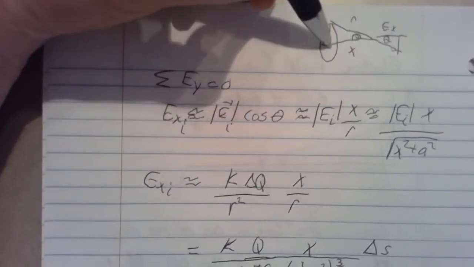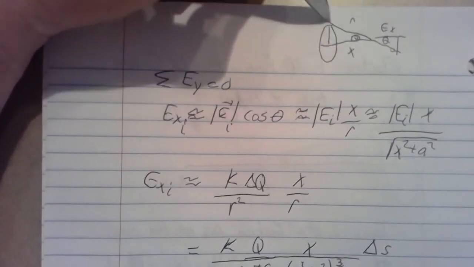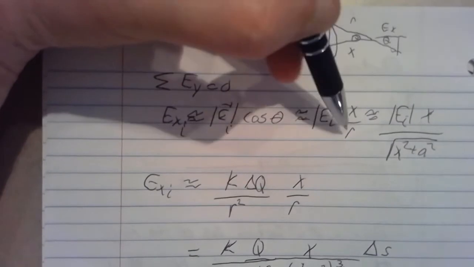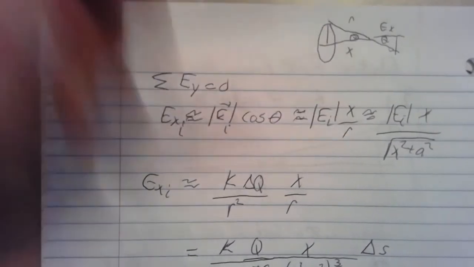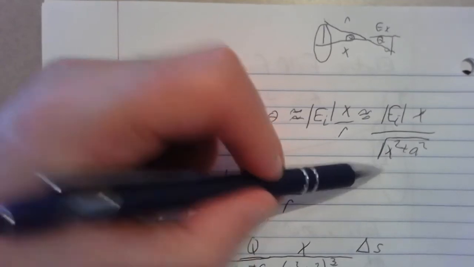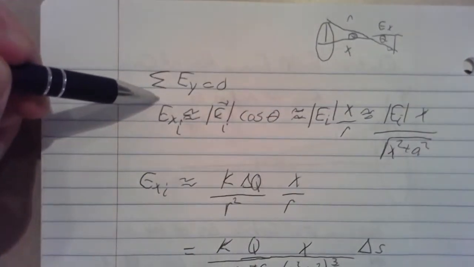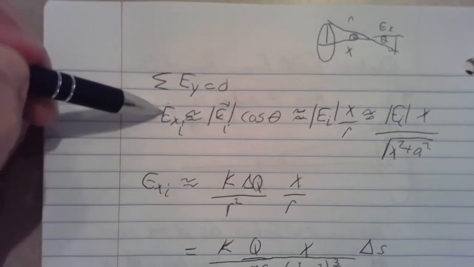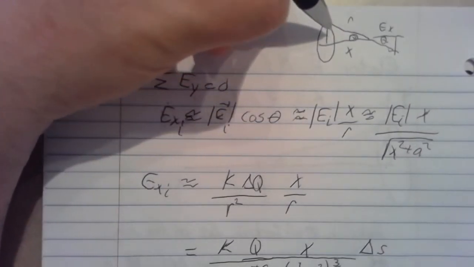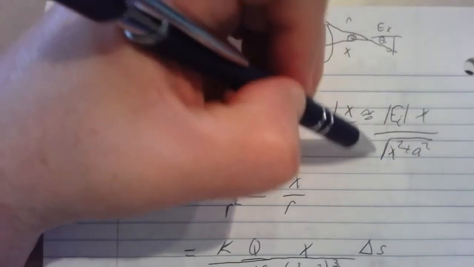If we look at our right triangle here, cosine of theta will be adjacent over hypotenuse, x over r. Remember, r was the square root of x squared plus a squared. So the electric field in the x direction from that one little slice of charge is approximately this.